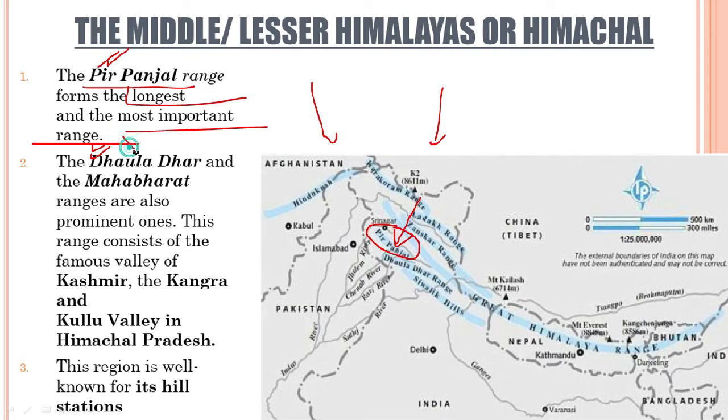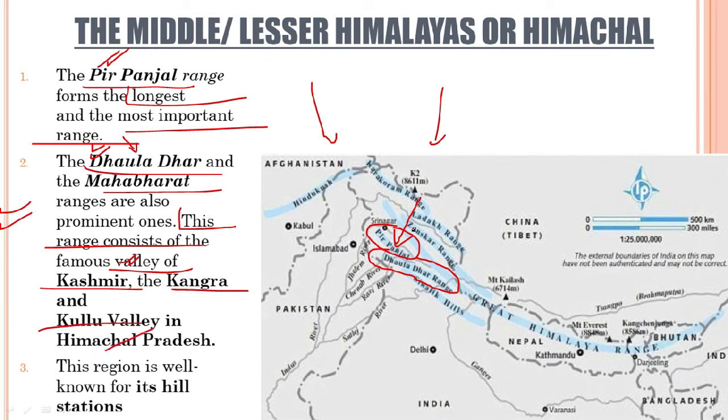Then almost adjacent to this range, you will be finding the Dhauladhar range and the Mahabharat ranges, which we have already studied. And one important characteristic of this range is that it has famous valleys as well. Now these valleys are Kashmir, the Kangra and the Kullu Valley in Himachal Pradesh.